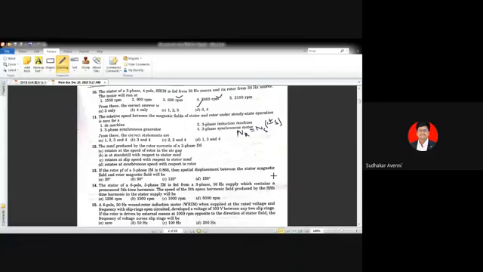For every electrical machine, if you develop steady state operation, definitely the relative speed between the stator magnetic field and the rotor magnetic field is always 0. Then there will be development of unidirectional torque. So for the 11th one, A is the right option.